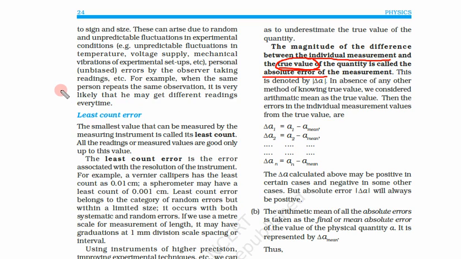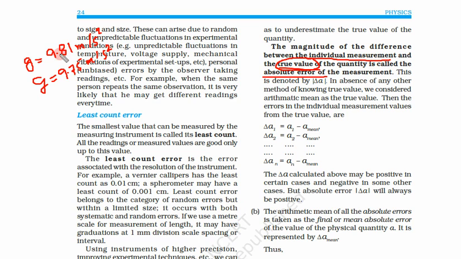Suppose a student is measuring the acceleration due to gravity, that means g. The true value of g is 9.81 meter per second square. Now the student measures g equal to 9.75. So what is the absolute error?